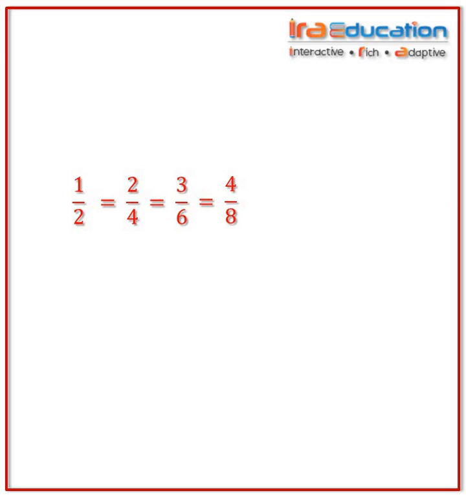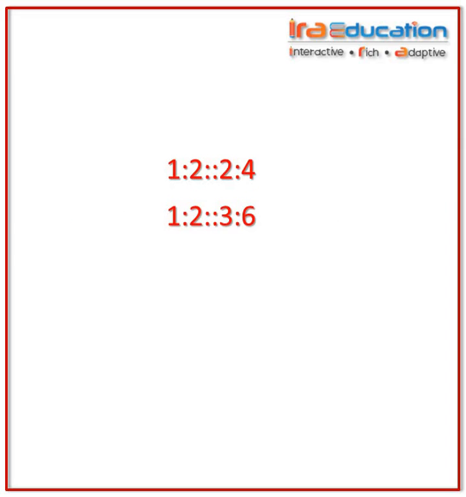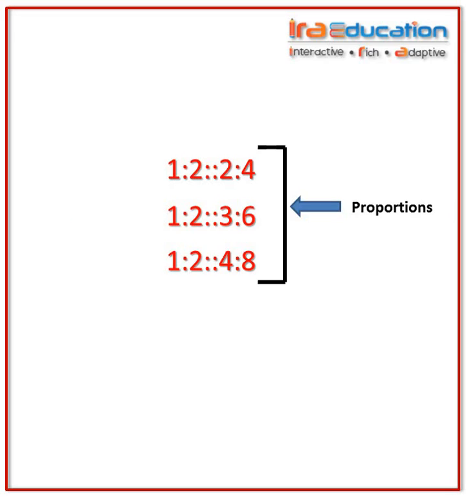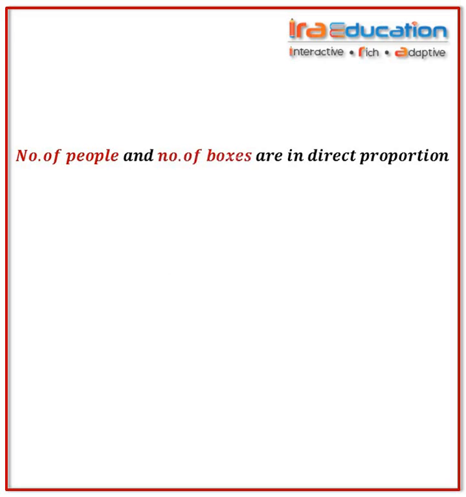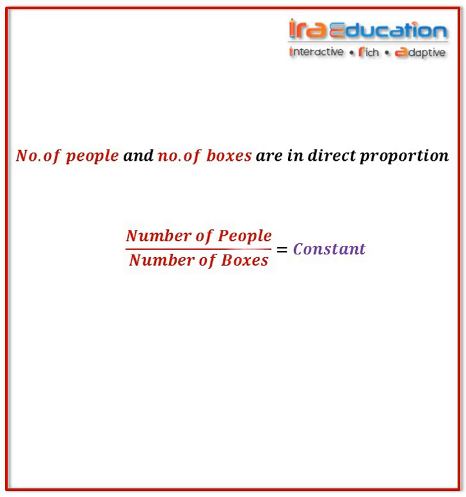In fraction form, we say that these fractions are equivalent. The first ratio will be in proportion to each of the other ratios, and this will be in ratio form. If two quantities are in direct proportion, then their ratio will be a constant.